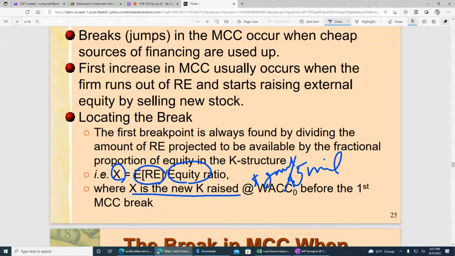Weighted average cost of capital 0 is the weighted average cost of capital before the first break.